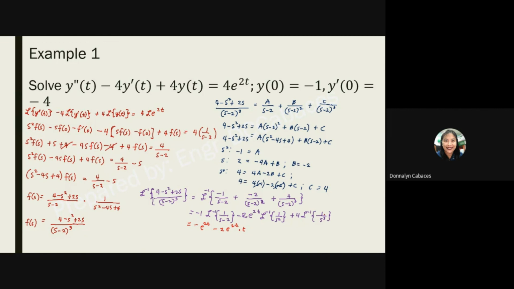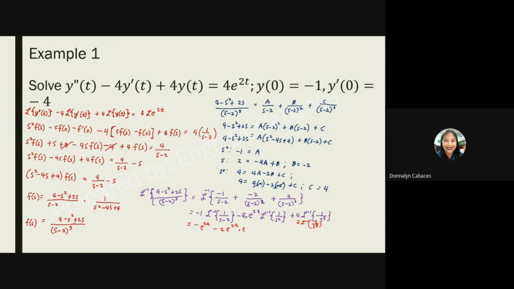But for this one, you have 1 over s cubed. So s cubed, it should be s to the n plus 1, and the numerator should be n factorial. So this should be 2. But we have here the multiplier of 4, so we can make this 2 times 2. So this is simply equivalent to 2 times the inverse Laplace of 2 over s cubed.